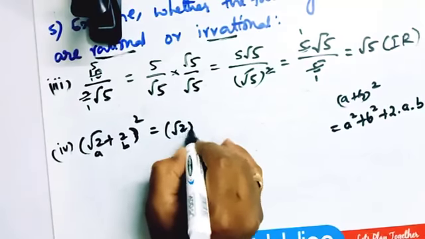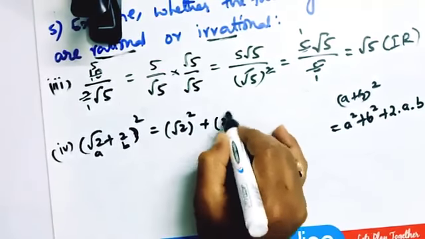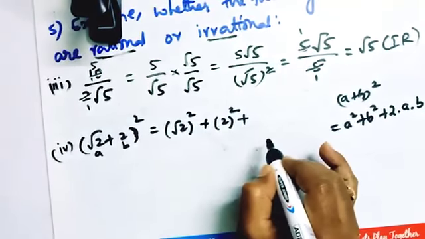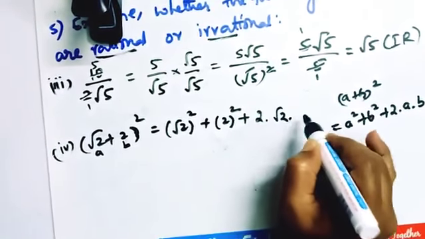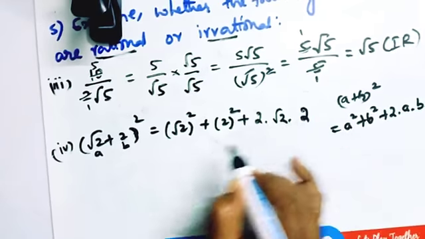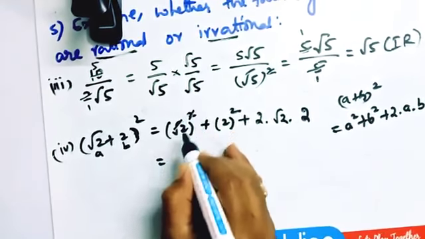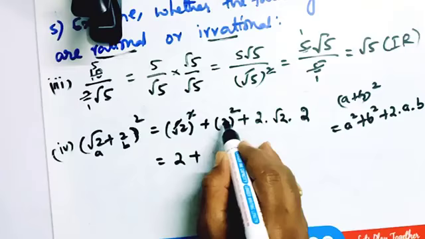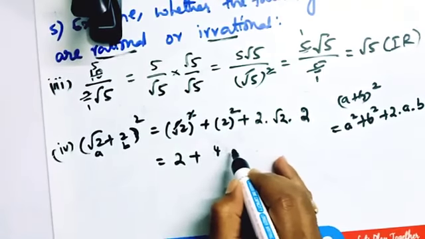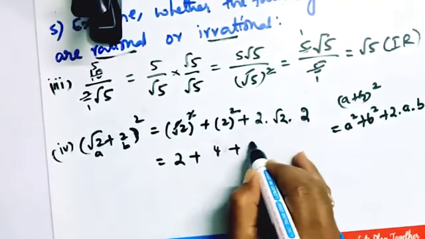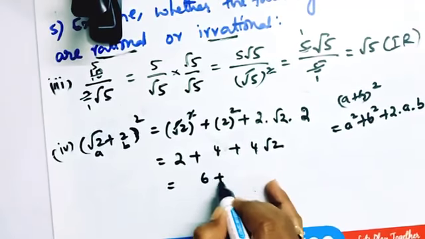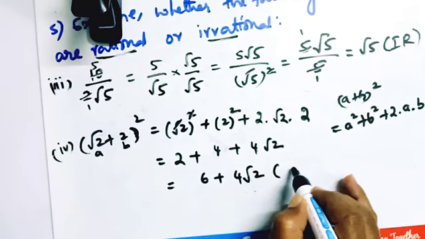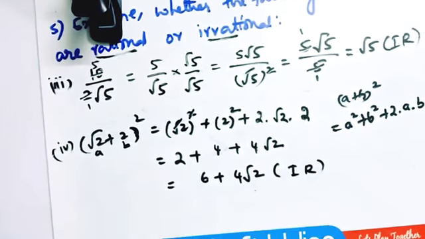That is a square plus b square plus 2ab. So you will get root 2 squared, 2 plus 2 2 is 4, plus 2 times 2 times root 2, that is 4 root 2, that is equal to 6 plus 4 root 2. So it is an irrational number.